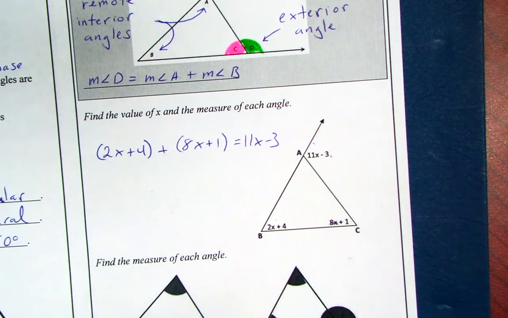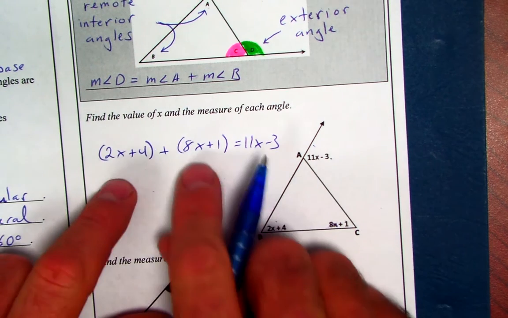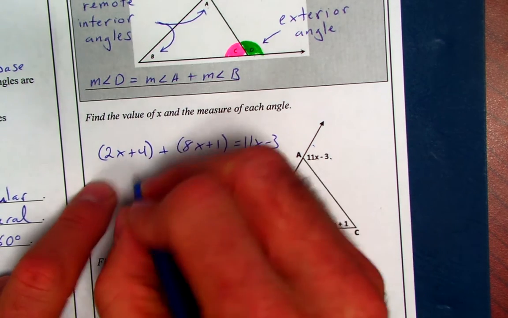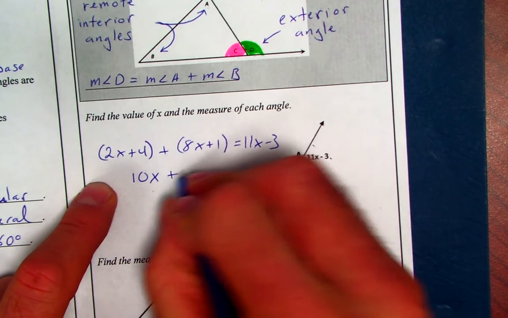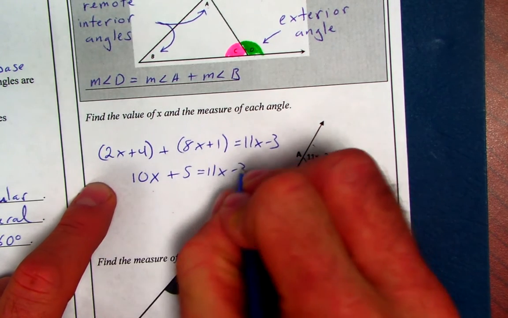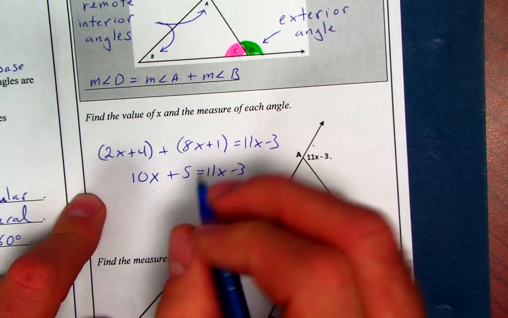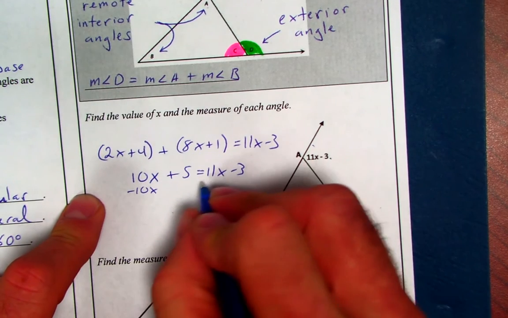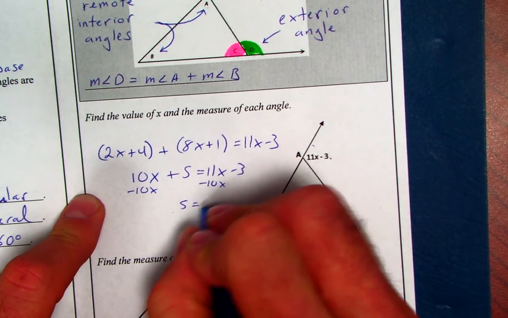Now we just do some algebra, combine our like terms, and isolate the x. So we've got 10x plus 5 is equal to 11x minus 3. Take 10x from both sides. So 5 is equal to x minus 3.